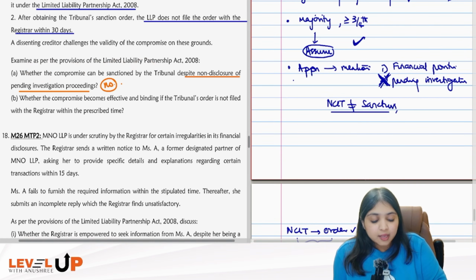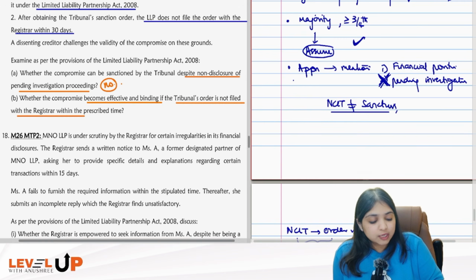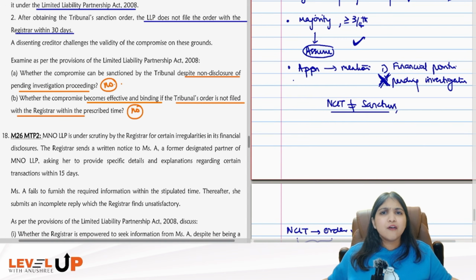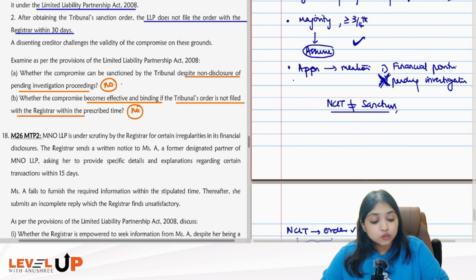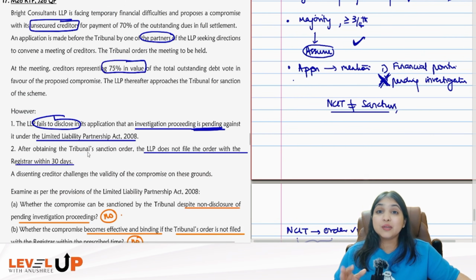Then they are asking whether the compromise becomes effective and binding if tribunal's order is not filed with ROC. No, the tribunal's order will become effective only after we file a copy of NCLT's order with ROC, then only it becomes effective. So if we don't file it with ROC, then no, it will not be effective, it will not be binding.